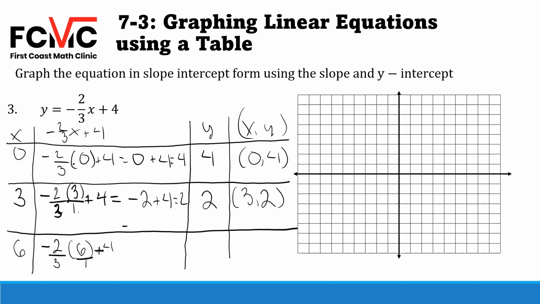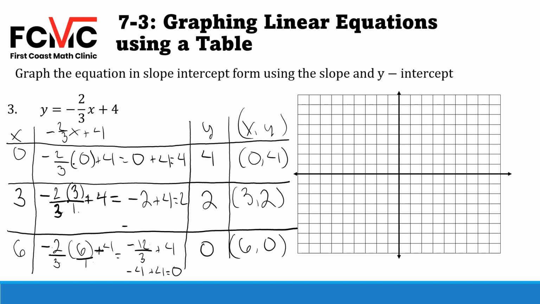So let's multiply this out. We'll do the math over here so you guys can see. Negative 2 times 6 is negative 12. 3 times 1 is 3, plus 4. Negative 12 divided by 3 is negative 4, plus 4, and we get 0. So our ordered pair is going to be 6, 0.